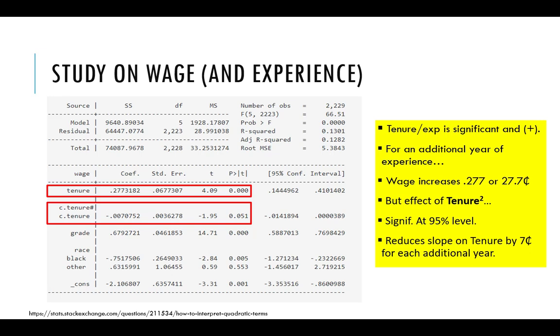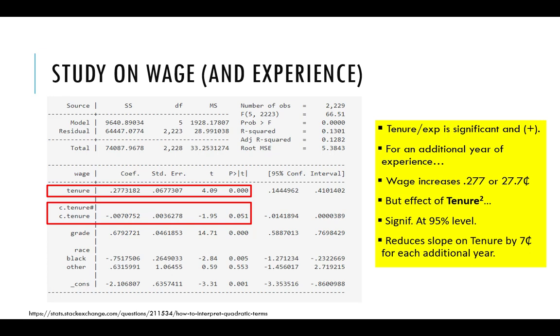Okay, so what we're saying here is that the slope on tenure reduces by 7 cents for each additional year. That while tenure or experience makes wages go up for each additional year, it's 7 cents smaller. All right, does that make sense to everyone? Think about that again.